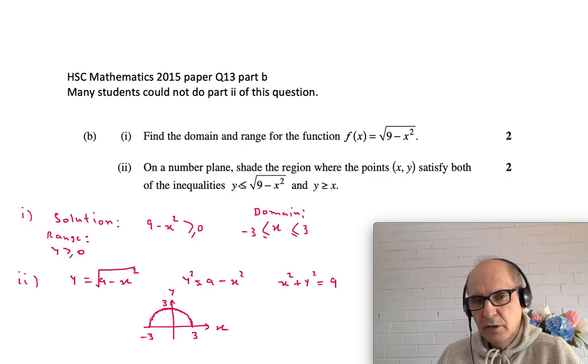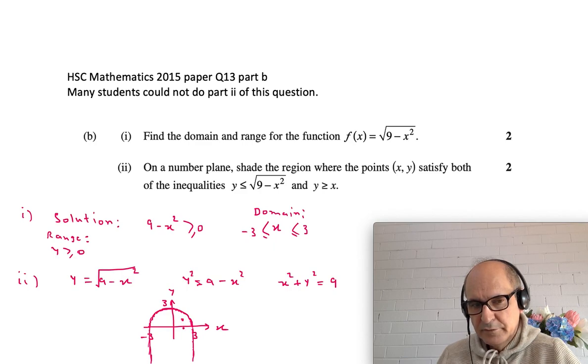But we want y to be less than or equal to that. So that means I can take anything inside this, plus whatever falls in if I draw a vertical straight line like this, and whatever is inside that. Because as I go down, say for example, this point is a point inside the semicircle and it's acceptable.